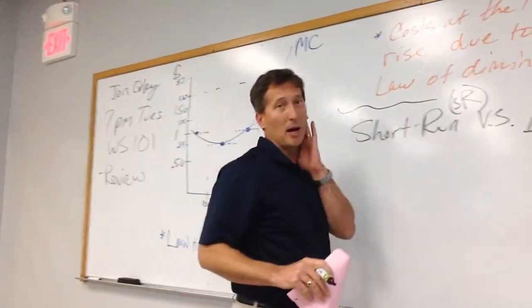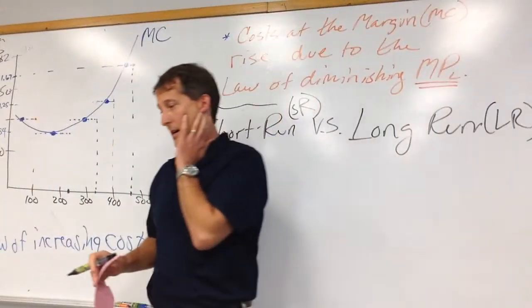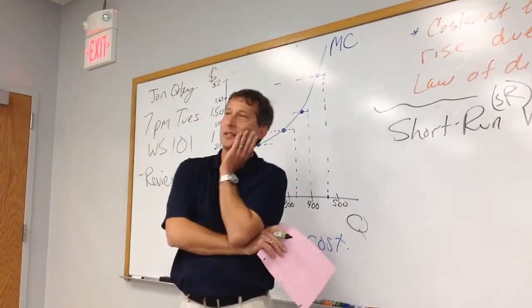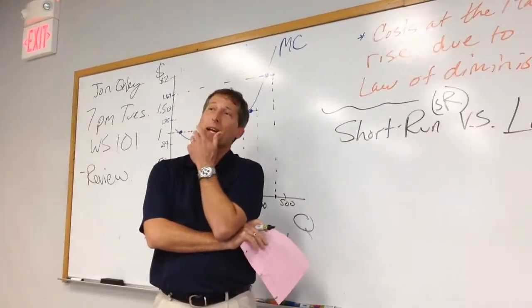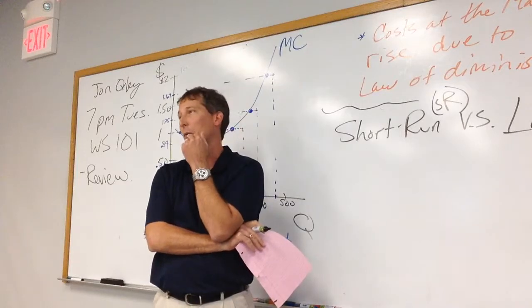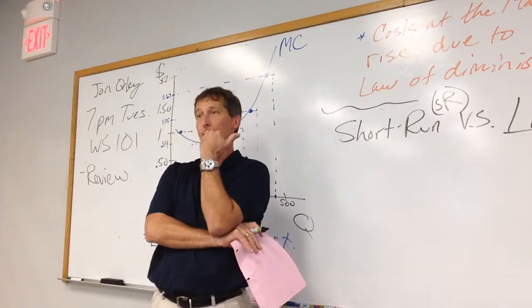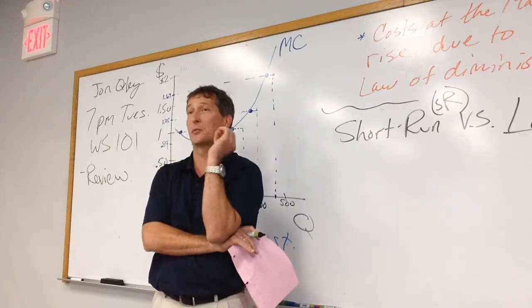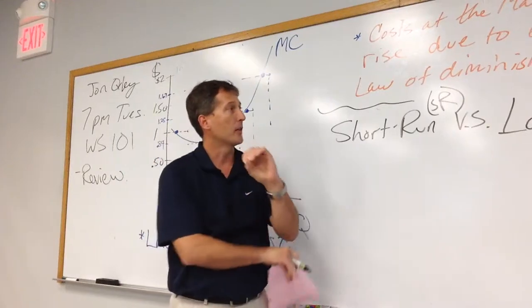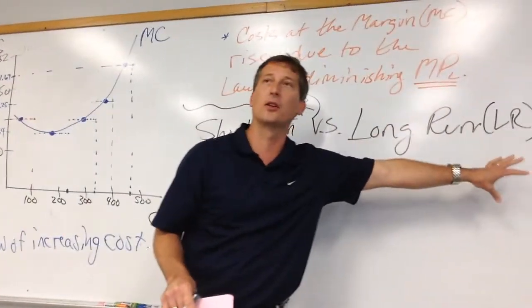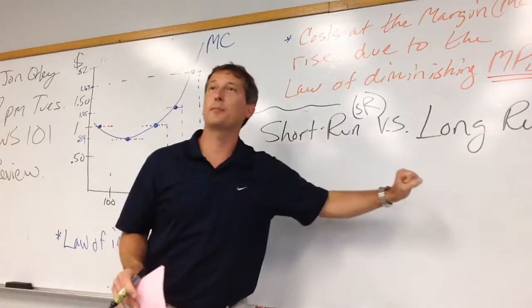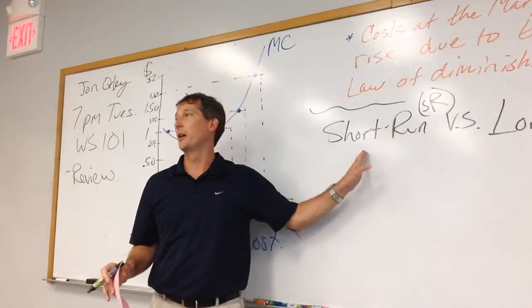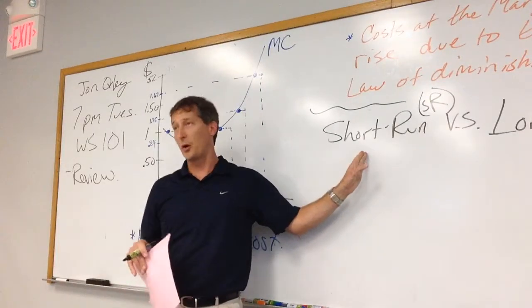When we were talking about profits, what does a business need to earn in terms of economic profits in the long run? What's the minimum they need to have? Zippo, right? Because we covered opportunity cost. So that was one introduction to the long run. And so is it possible for businesses to earn negative profits in the short run?